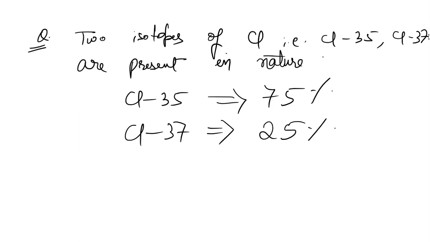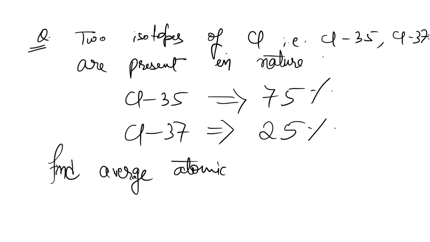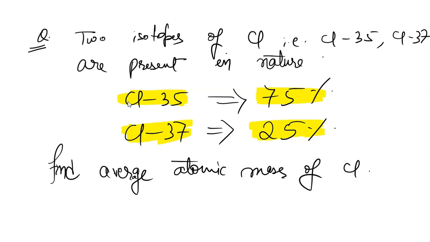That means in nature the most common form of chlorine that we will see is Cl35. Now you have to find the average atomic mass of chlorine. So Cl35 is present in nature as 75%, and Cl37 is present as 25%.